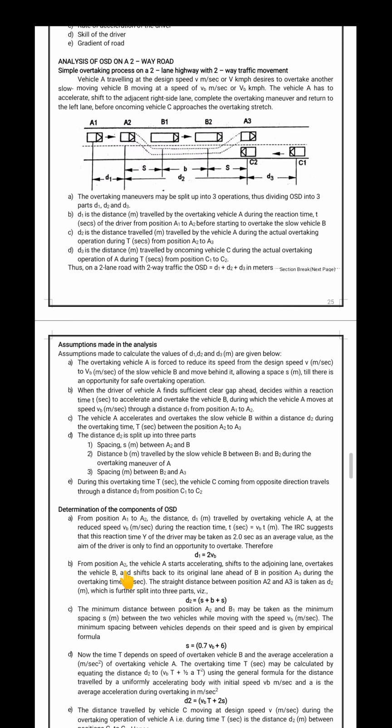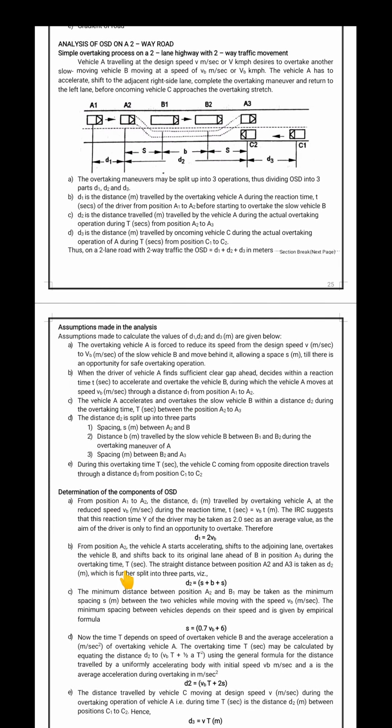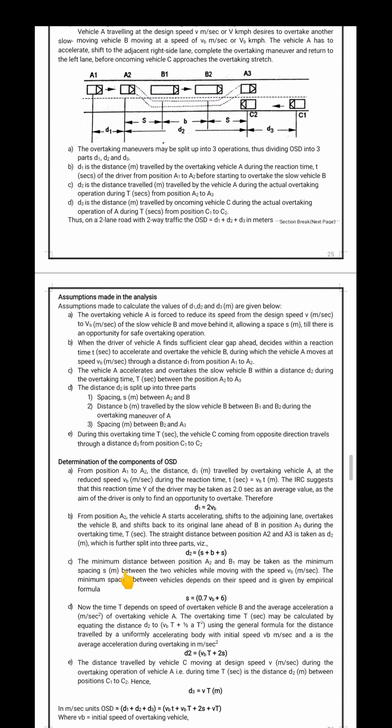The assumption we are making is that the overtaking vehicle A is forced to reduce its speed from the design speed V to VB, the speed of the slow moving vehicle, allowing a space S till there is an opportunity for safe operation. So how much distance will it take?